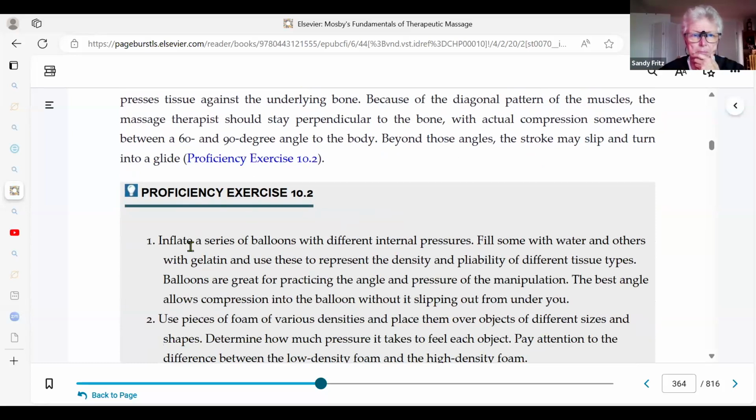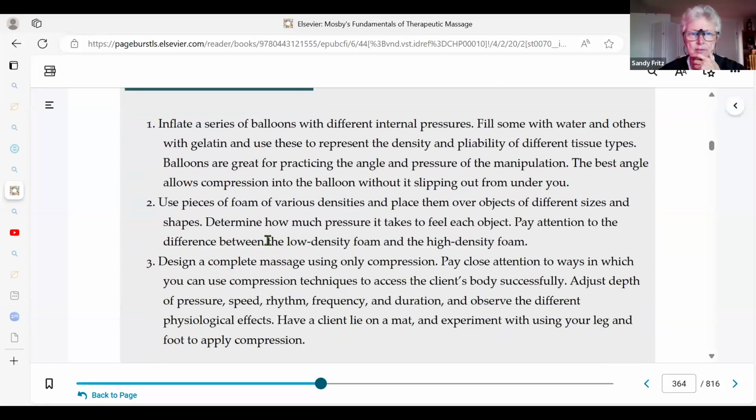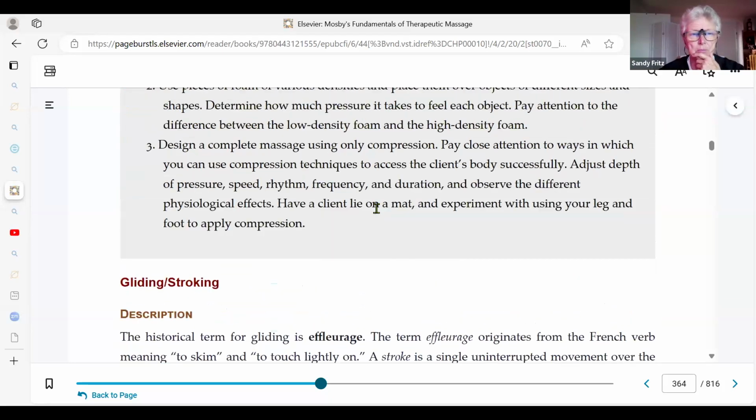So some more proficiency exercises here, and these are fun to do. One of the things that it'll suggest is that you do a practice massage using only compression.